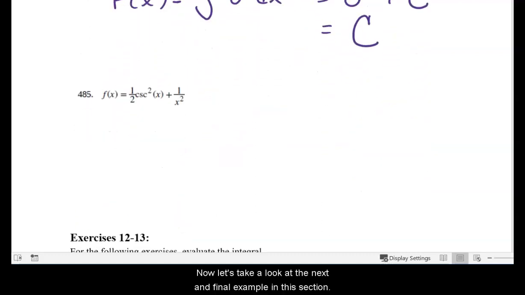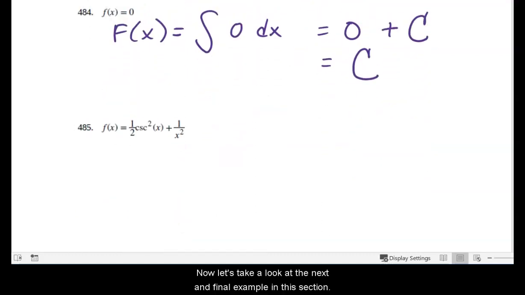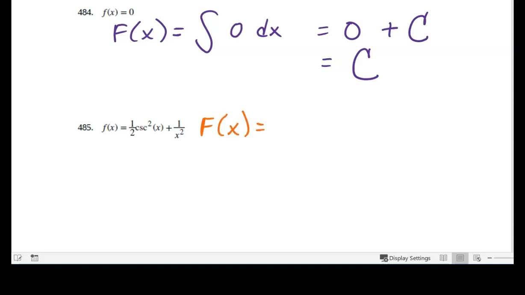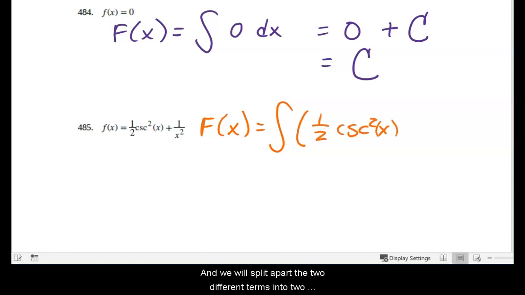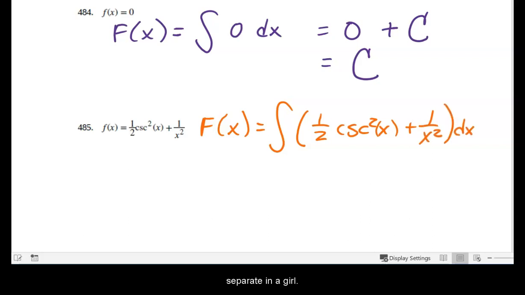Now let's take a look at the next and final example in this section, 1/2 cosecant squared of x plus 1 over x squared. Let's find the antiderivative function for this integrand. We'll find the indefinite integral of the integrand, and we will split apart the two different terms into two separate integrals.